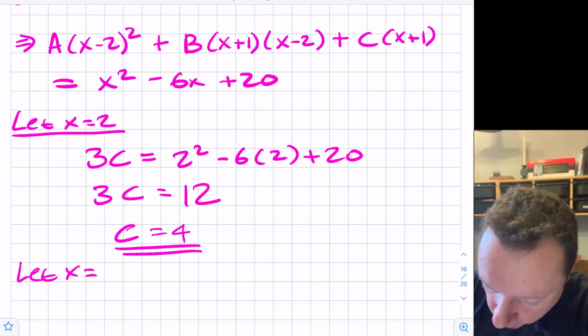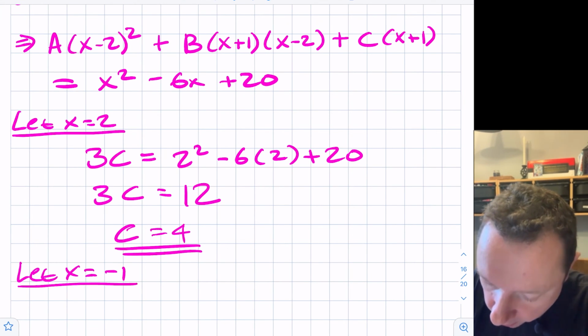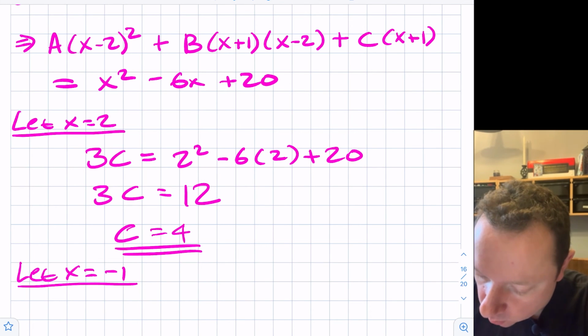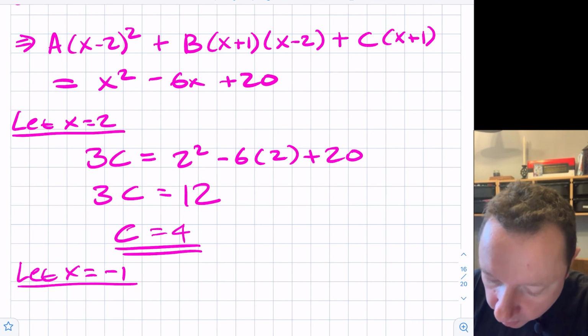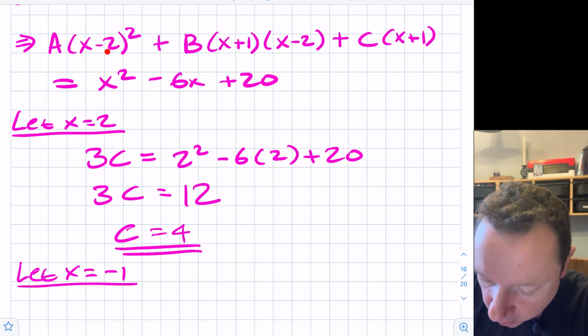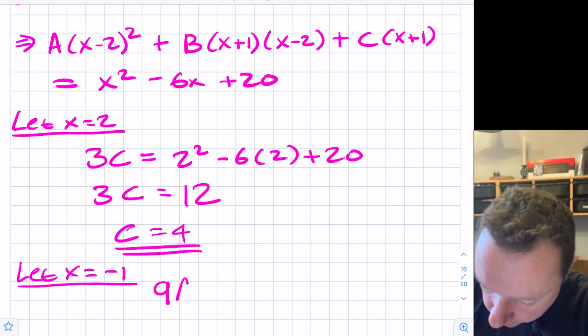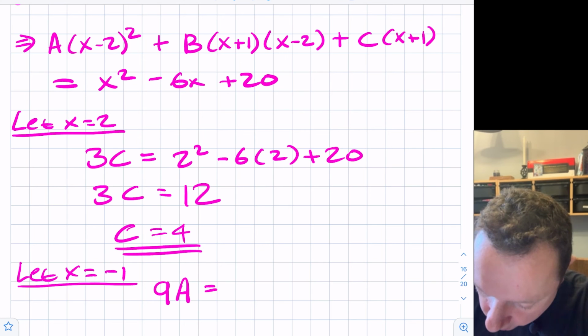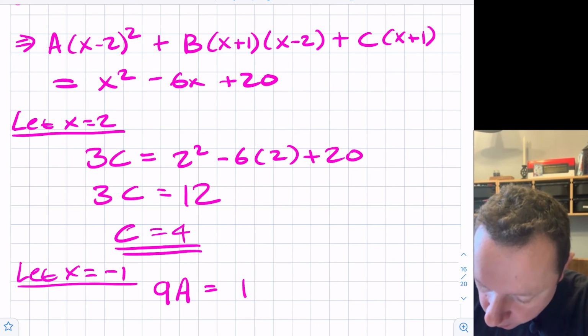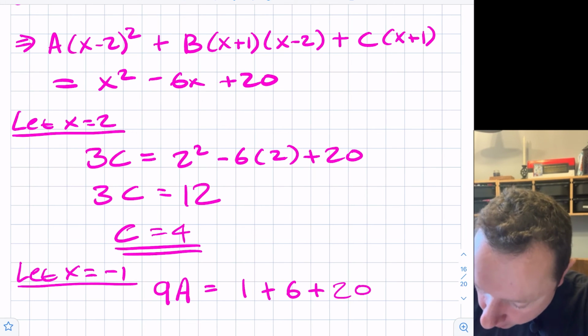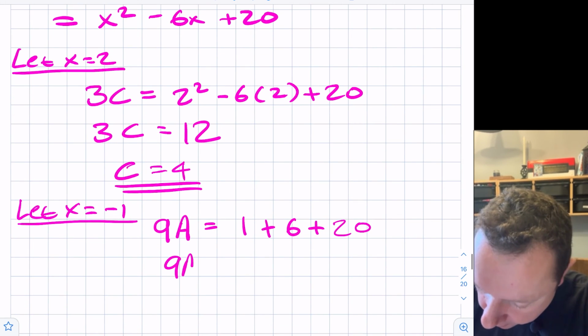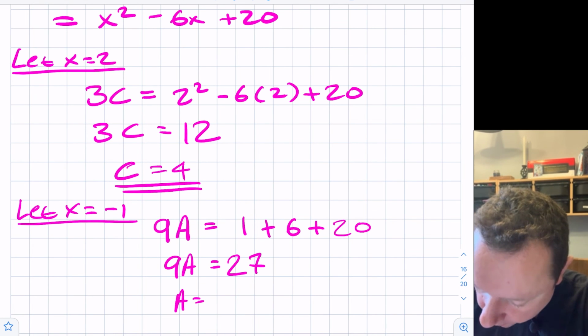We're going to pick minus 1, of course, because that will eliminate the brackets with x plus 1 in them, leaving just this one. So minus 1 take away 2 is minus 3. All squared is 9. So we get 9a on the left-hand side. And on the right-hand side, we get minus 1 squared, which is 1. Minus 6 times minus 1 is plus 6 plus 20. Or in other words, 9a is equal to 27. And therefore, a is 27 divided by 9, which is 3.